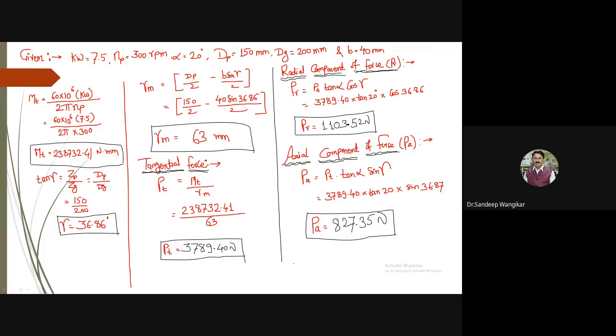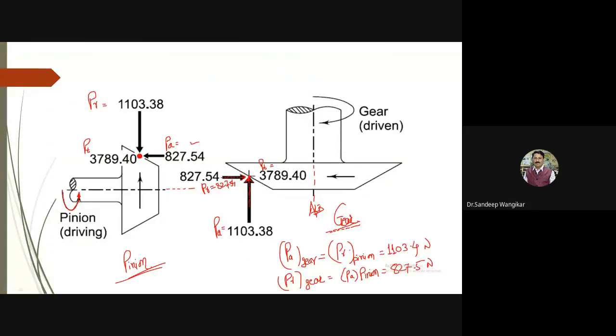All these components are for the pinion, and then we have to show the components for the gear, and PT will not change. PT will be the same for both cases, so it is 3789.40.